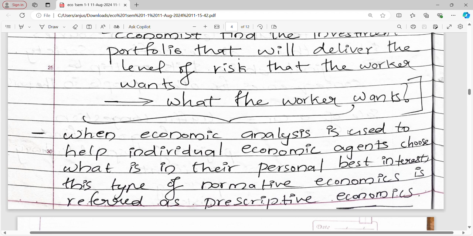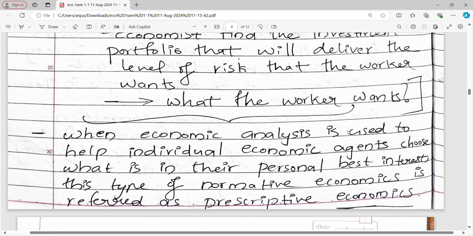So we studied 3 types of economic analysis. The first one is positive economic analysis, where what people actually do is studied, or anything which is confirmed or tested with data. So it can be prediction, because with the passage of time a prediction can be tested with data.